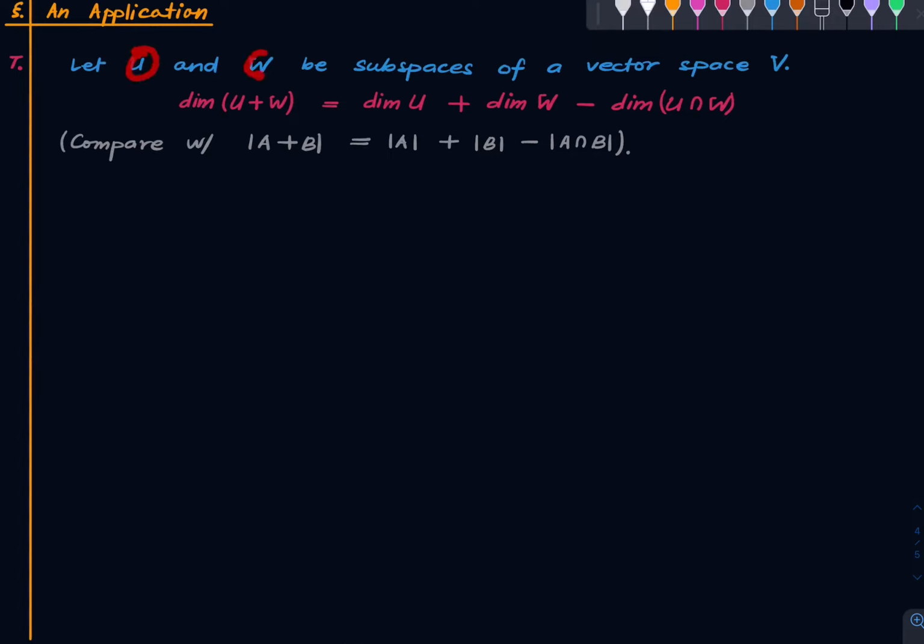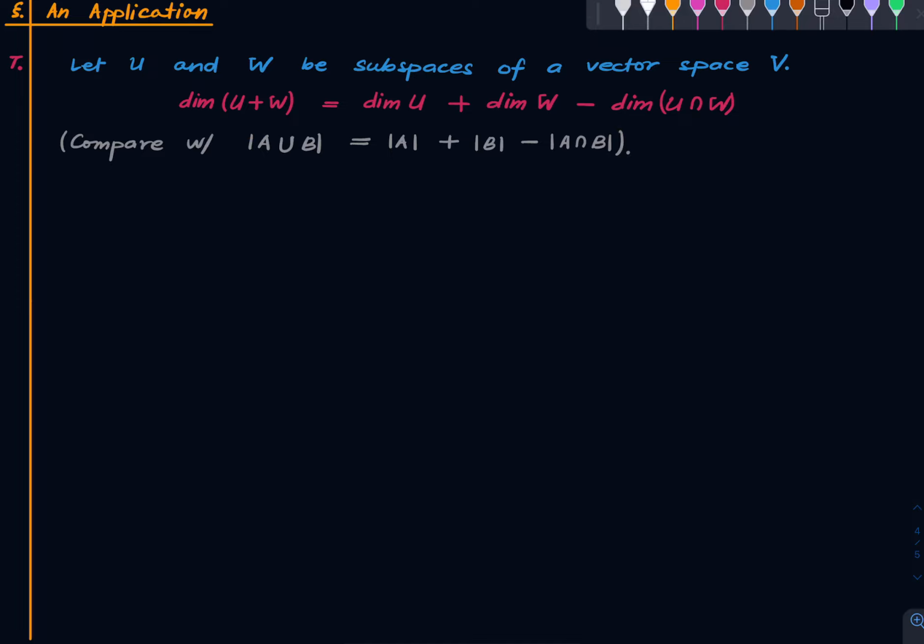If U and W are subspaces of a vector space V, again everything finite dimensional, then the dimension of the sum of the two spaces is the sum of the dimensions minus a correction term, and you can compare it with the set theoretic identity. If we have two finite sets A and B, then their union, not plus, the union of A and B has this cardinality.